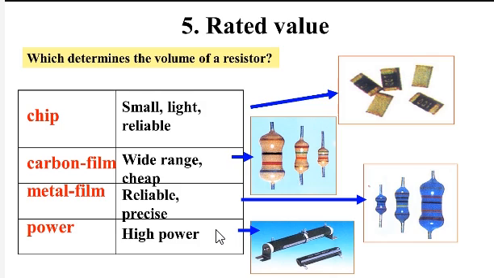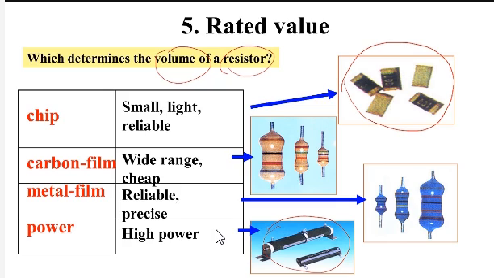In the video before, I asked a question: what determines the volume of a resistor? We can get it from this video. In fact, the chip resistor may have multiple values. The power resistor may also have multiple values. So the resistance is not the key factor determining the volume of a resistor. This is why we focus on the discussion about the rated value of a resistor in this lecture.